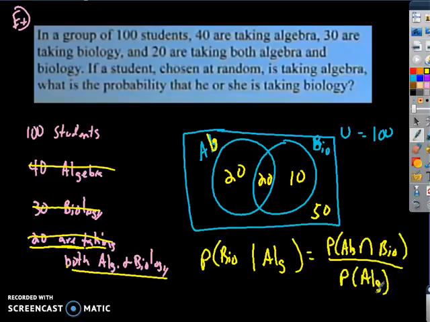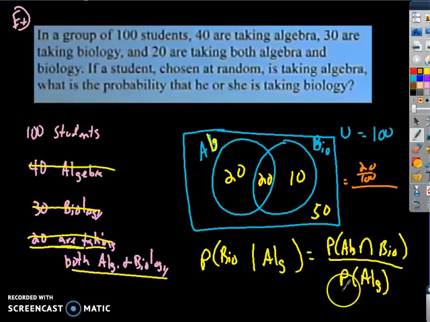I know this intersection. The intersection of algebra and biology is 20. So the probability of taking both is 20 out of 100, or 0.2.